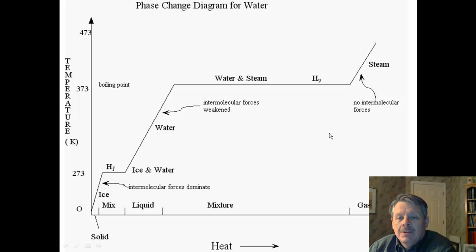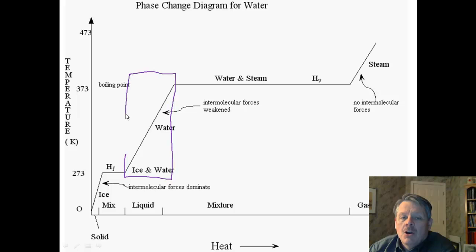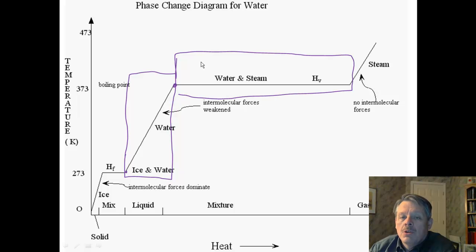Now, let's look at our graph for just a second. Look at the amount of energy we have to add to take this water from 0 degrees Celsius to 100 degrees Celsius. And then look at the length of this line, where you're converting plain water to steam and the temperature hasn't changed a bit.